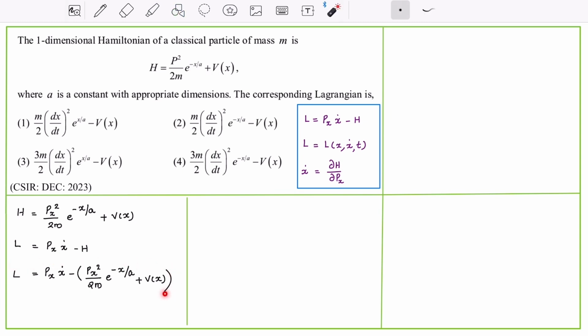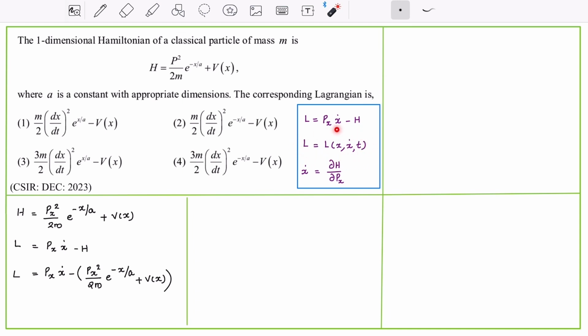But if you observe the Lagrangian, we can see that it contains both p_x and x dot and also x. From the Lagrangian dynamics, we know that the Lagrangian is a function of x, x dot and t.